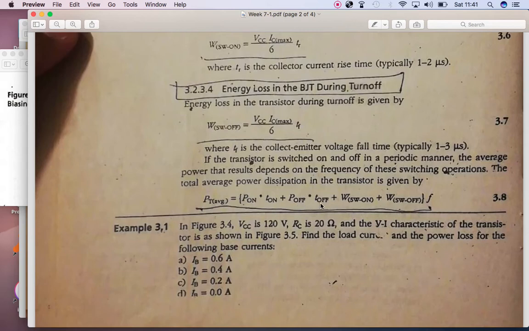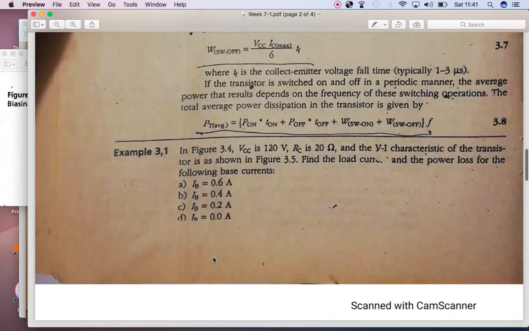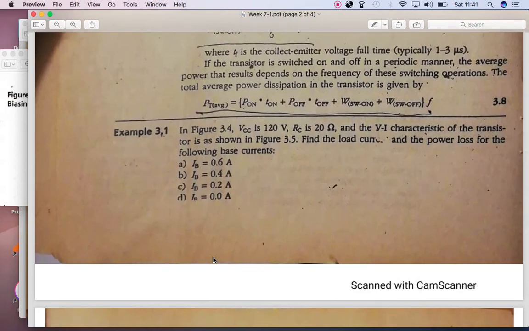And for the switching on and switching off, we have already calculated from these formulas. When we multiply those with the frequency of operation of the power BJT, we are able to calculate the average power loss in the whole power BJT.